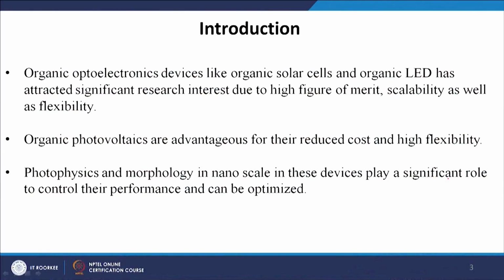Organic photovoltaics are advantageous for their reduced cost and high flexibility, the two factors we have already mentioned. Now, many times the organic materials are less expensive in comparison to their inorganic counterpart. One of the major reasons is that you can make organic materials by a solution fabrication technique. But you have seen that when we make a silicon solar cell, we involve a very high temperature furnace which goes beyond 1200 degrees centigrade.